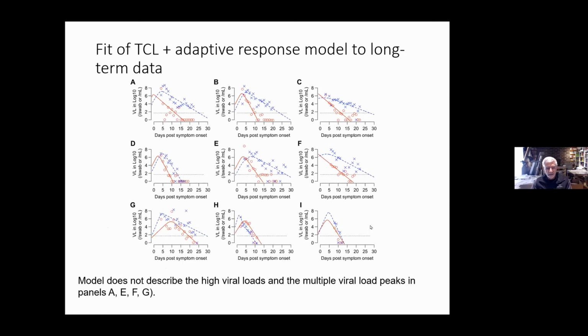So we added to the target cell limited model this adaptive immune response. Now we can get a reasonable fit to long-term data. And you'll note that the long-term data is all in the lower respiratory tract.